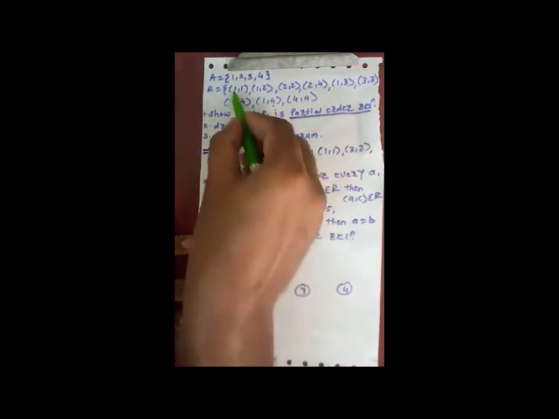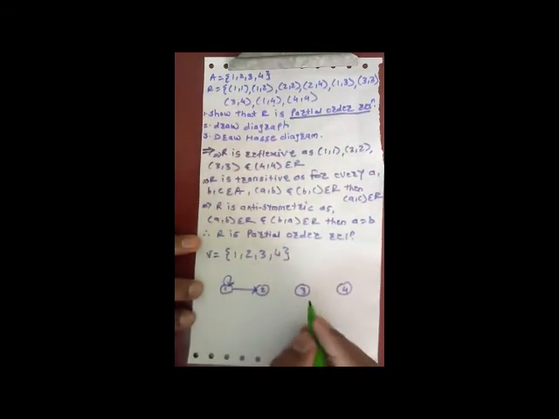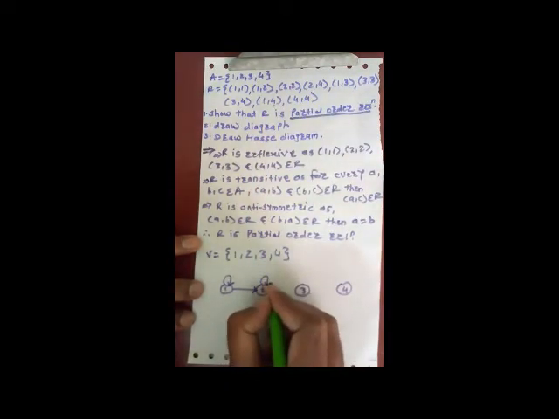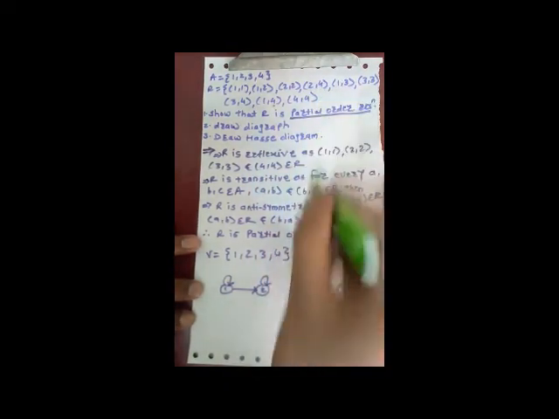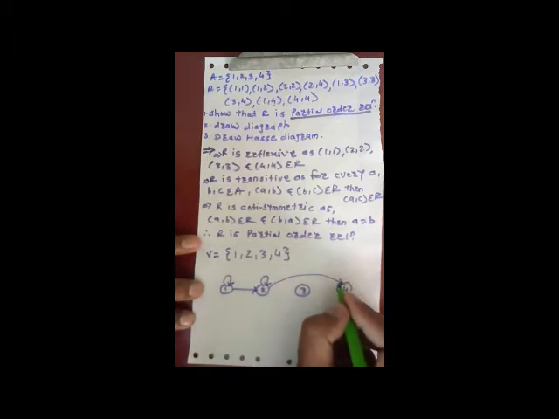Then check 1 comma 1, and 1 comma 2, it is 1 to 2. Then 2 comma 2, self loop. Then 2 comma 4, this one.